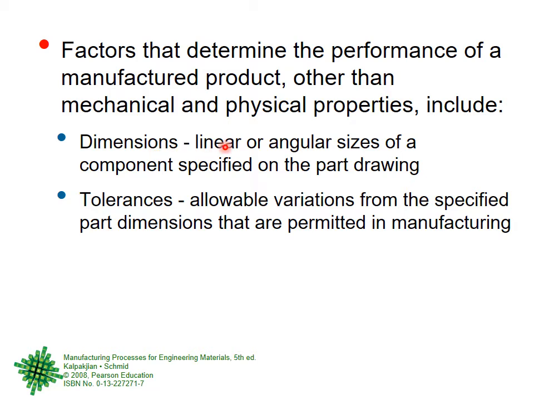Dimensions means linear or angular sizes of a component specified on the part drawing, right? This is 5 inches in length, this is 1 inch in diameter, and so on. Tolerances are allowable variations from the specified part dimensions that are permitted in manufacturing.